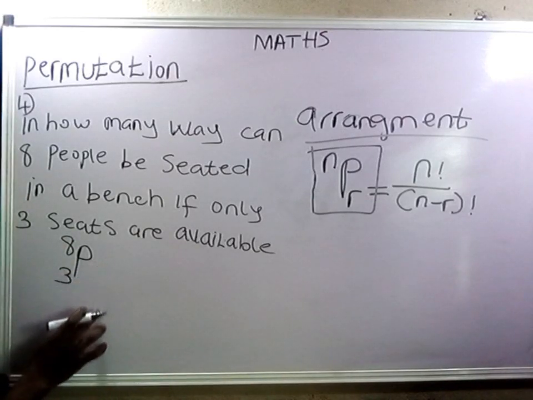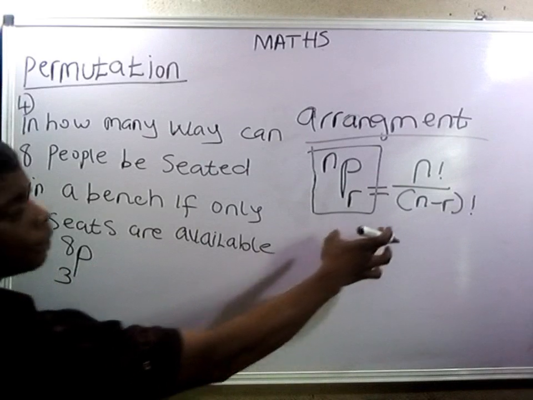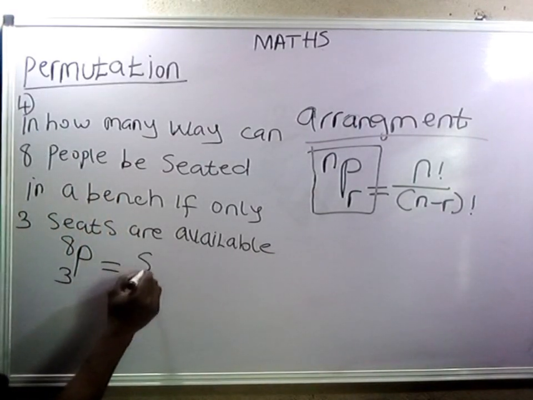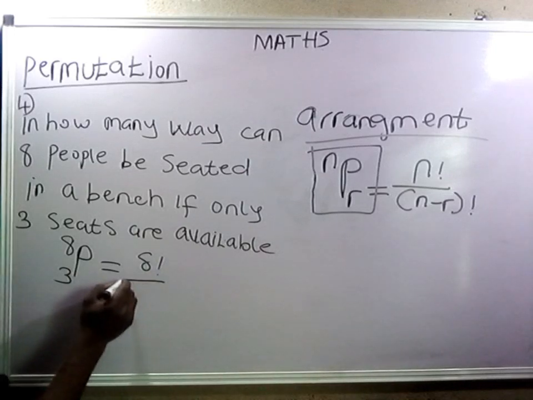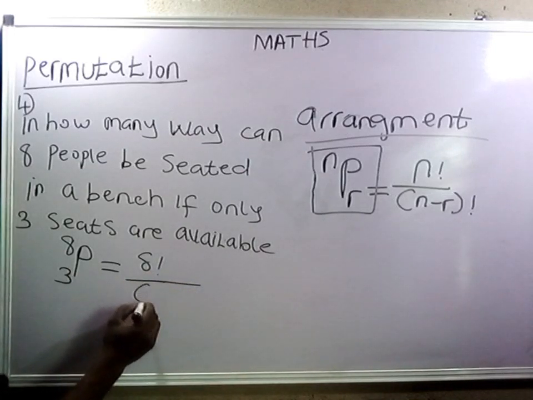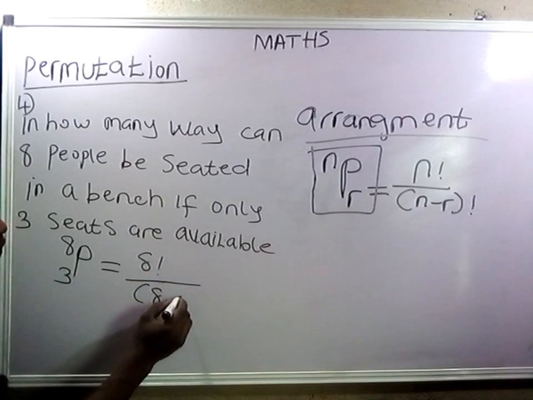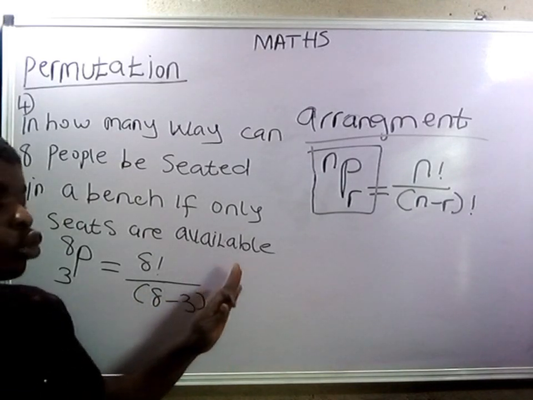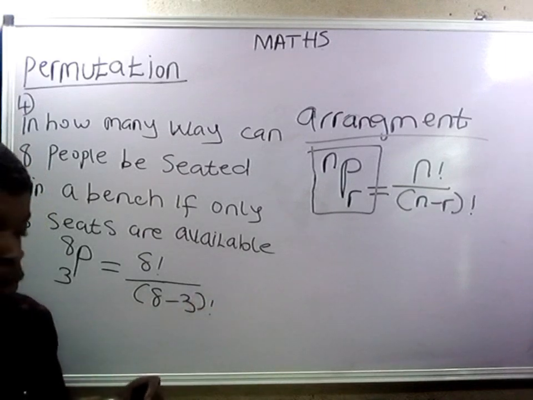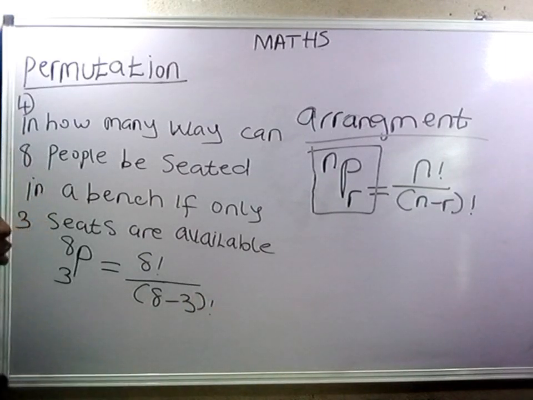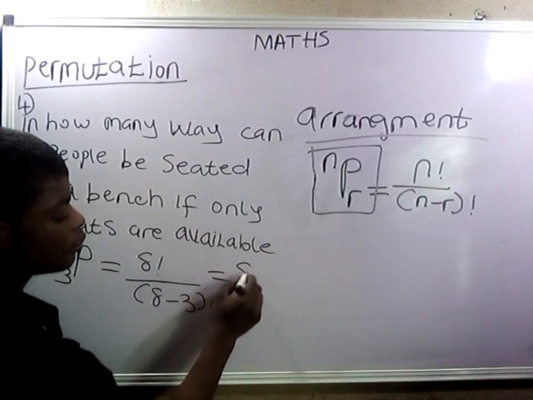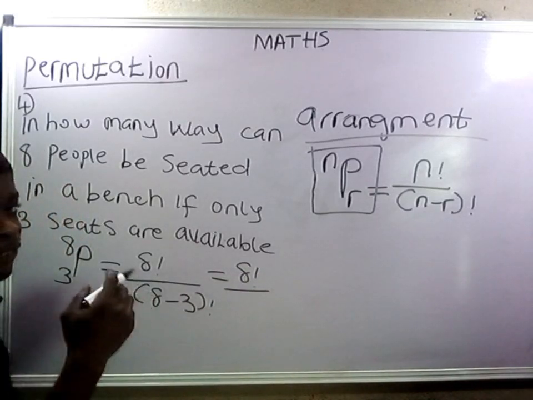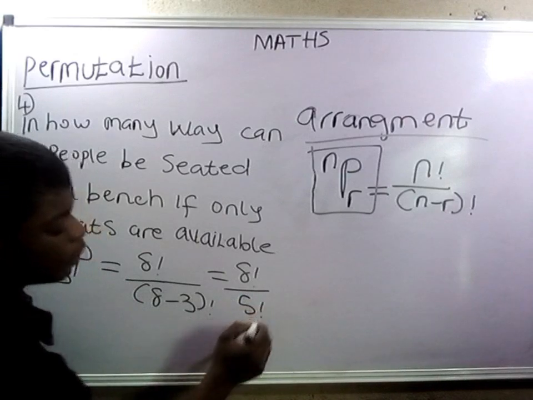I told you what this means from the original formula. That means we have 8 factorial over bracket 8 minus 3 factorial. So 8 factorial over 8 minus 3 is 5, that means 5 factorial.